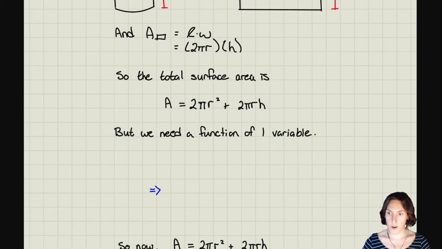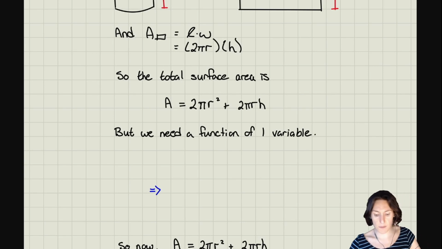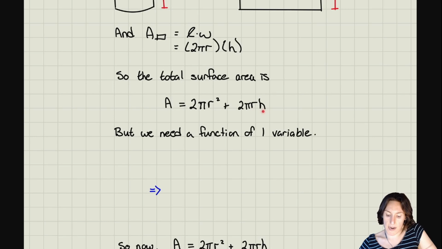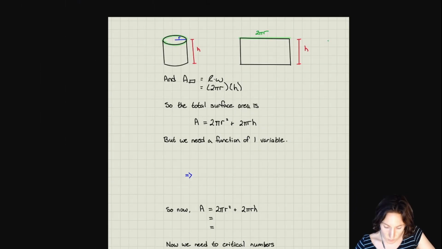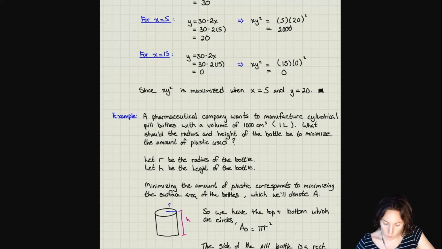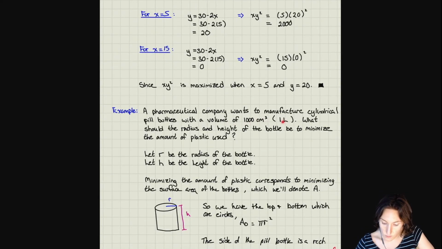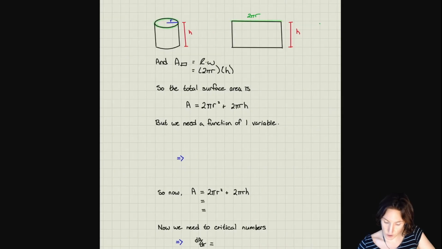But we need a function of one variable. Okay, so I have to somehow now relate my r and my h together so I can get rid of one of them. So either find an expression for r in terms of h and then plug it in, or vice versa. Now, what other information are we given here? We are told what the volume is. And we know what the volume of the cylinder is. The volume of the cylinder is just pi r squared h.